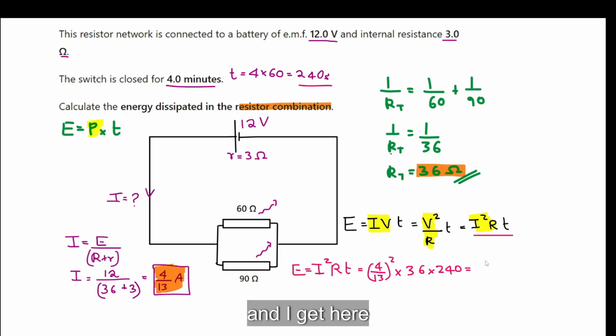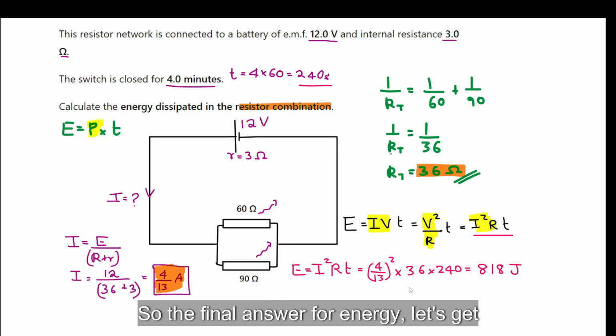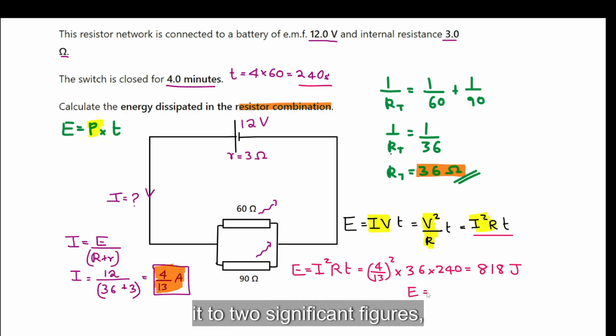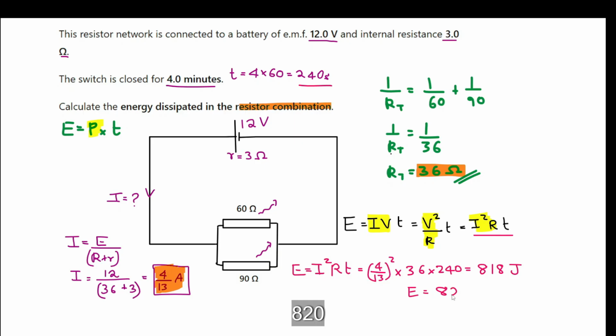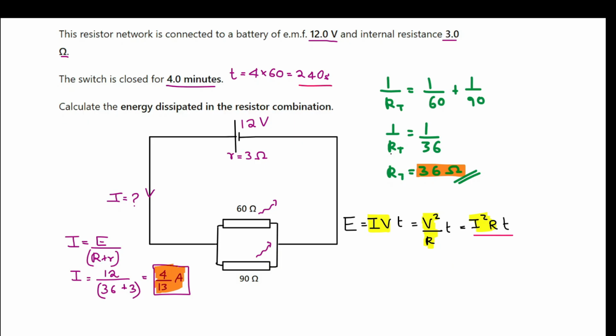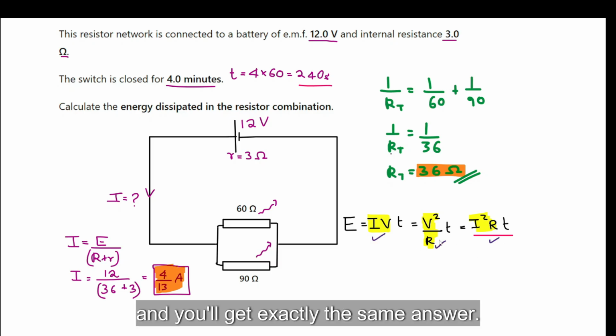And I get here 817.988. So the final answer for energy, let's get it to two significant figures, 820 joules. You can also use any of these two. I mean, we did use this one, and you'll get exactly the same answer.